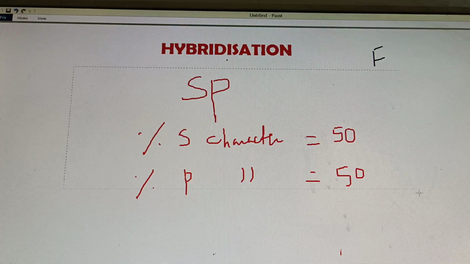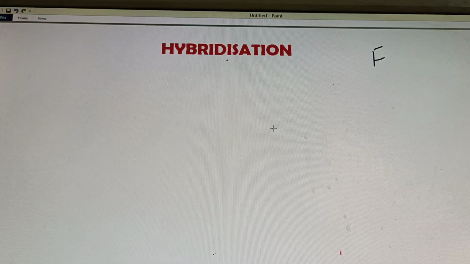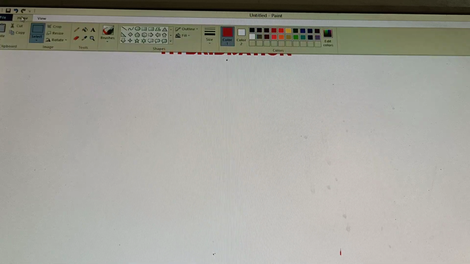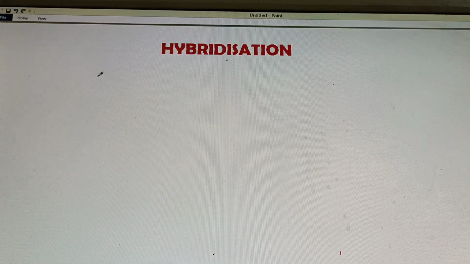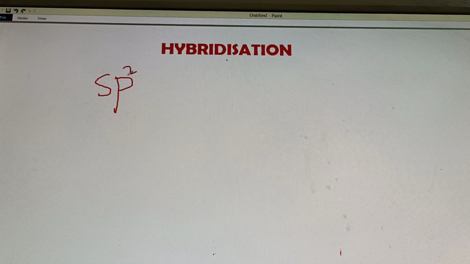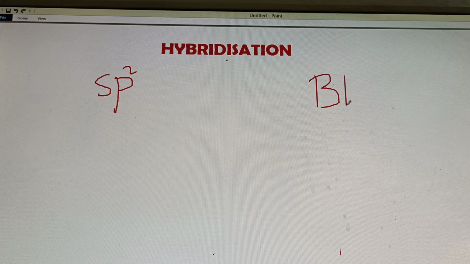Next we come to another type of hybridization, that is sp2 hybridization. In which type of molecule is it found? Boron trifluoride.